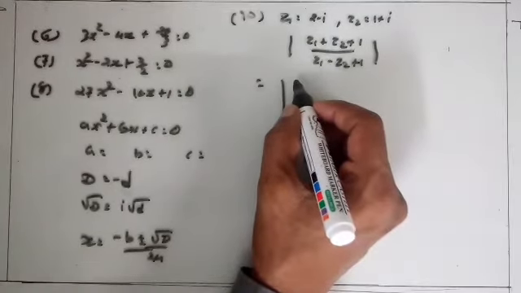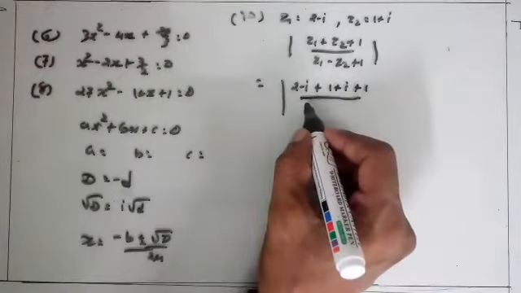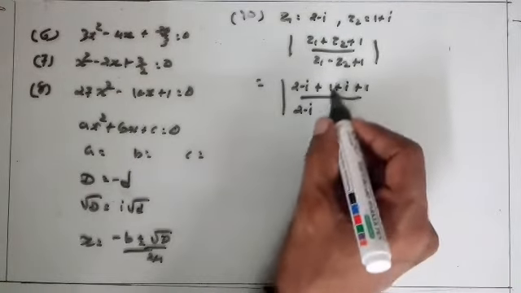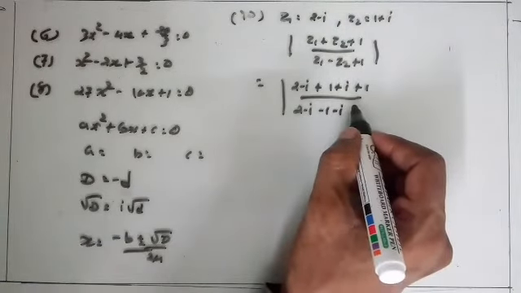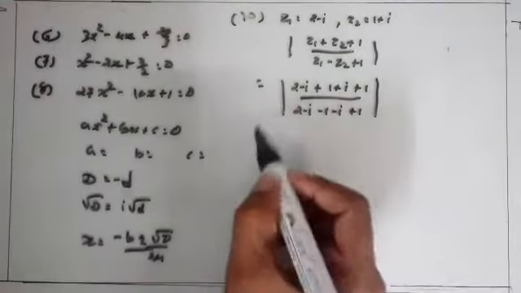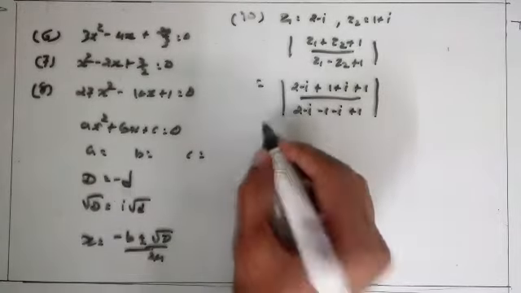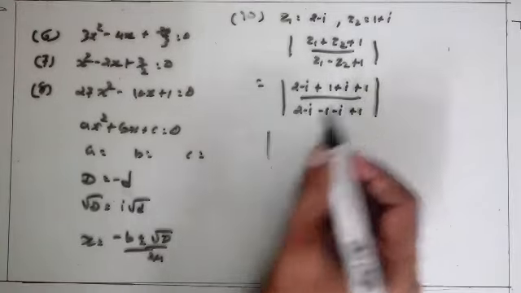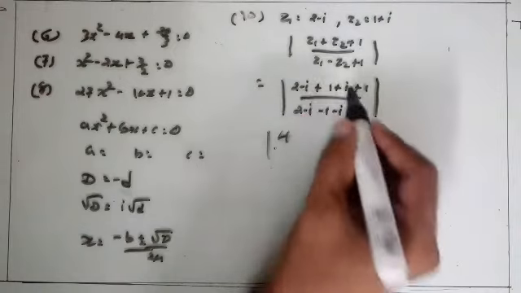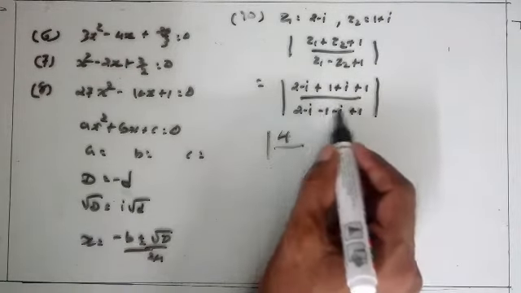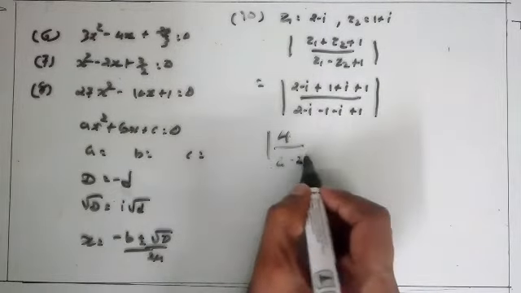Here z1 = 2 - i plus z2 = 1 + i plus 1, upon z1 = 2 - i minus z2, taking the minus inside, so -1 - i + 1. Now simplification: 2 + 1 becomes 3... the numerator is 4, minus i plus i cancels, and in the denominator 2 - 1 + 1 is 2, and -i - i becomes -2i.